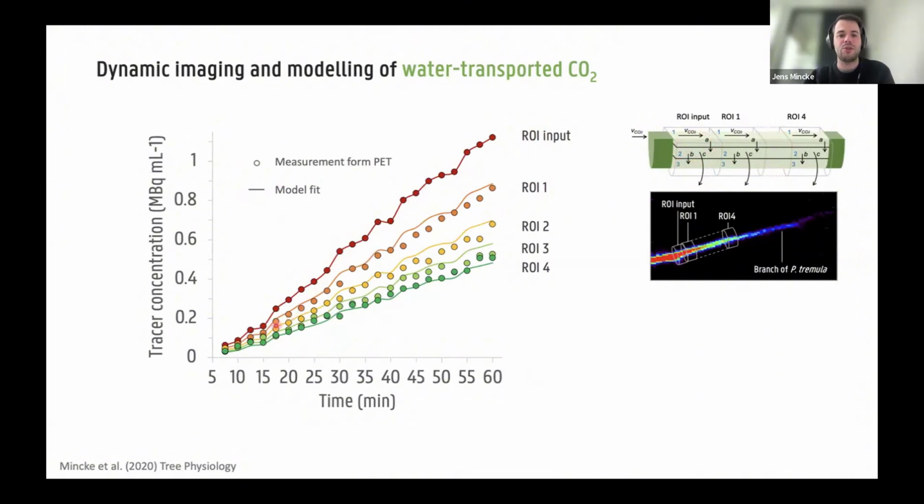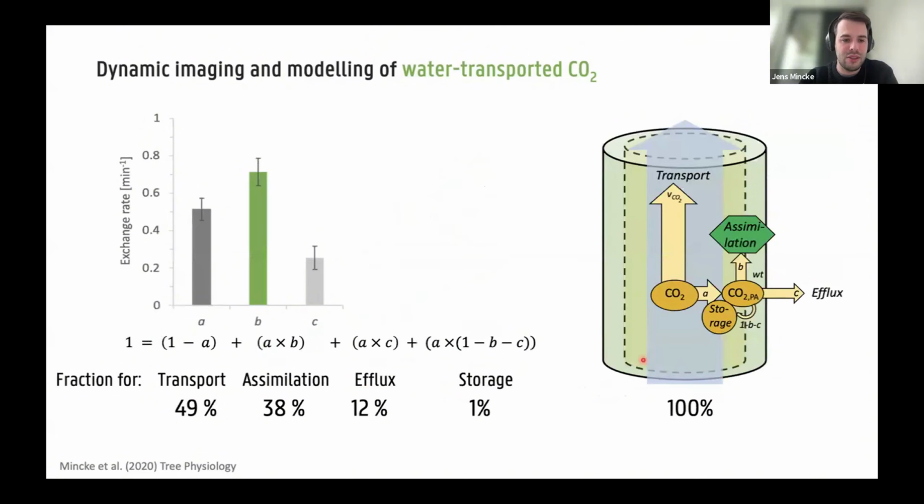So if all goes well, your model fit, the continuous lines, describes what was measured with the PET image. So now we have values from this model for each of A, B, and C, and the velocity, describing what is actually taking place in the branch.